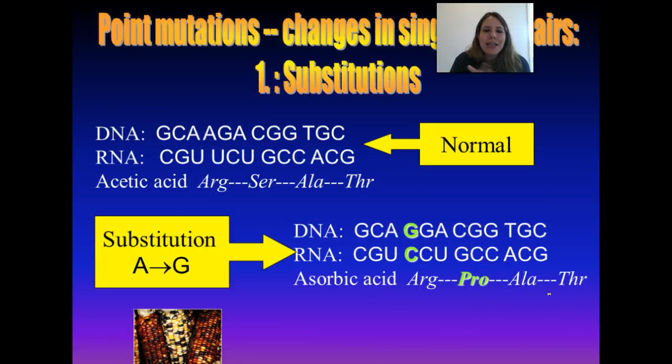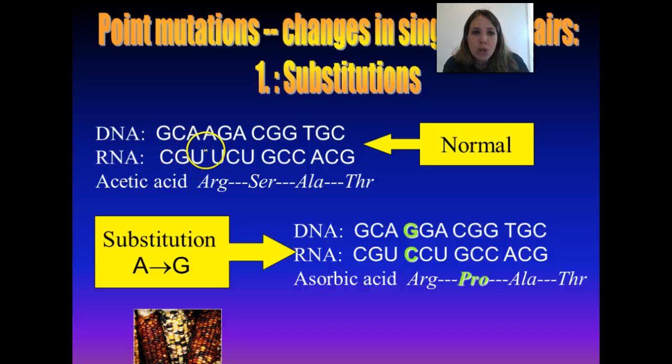So here are some examples. Let's talk about those substitution mutations. Let's say, for example, here's your DNA sequence, GCA, AGA, CGG, TGC. Let's say that's normal. That's what you were supposed to get. In the next lecture, you'll learn that in order to create proteins from genes, in order for your DNA to code for what protein and what trait you're supposed to get, you have to make an intermediate molecule called RNA.